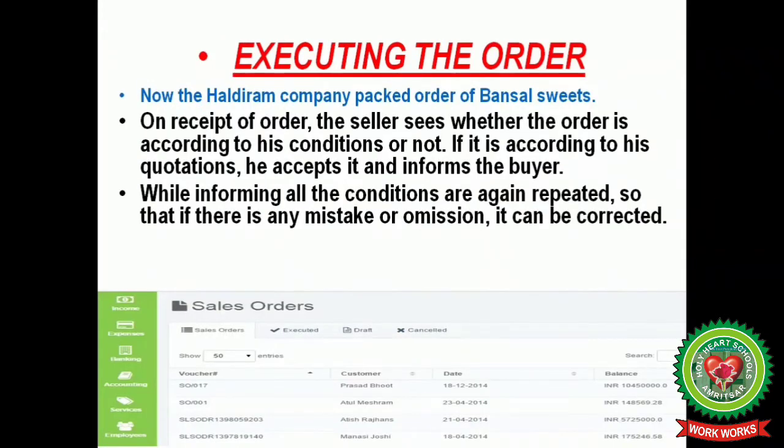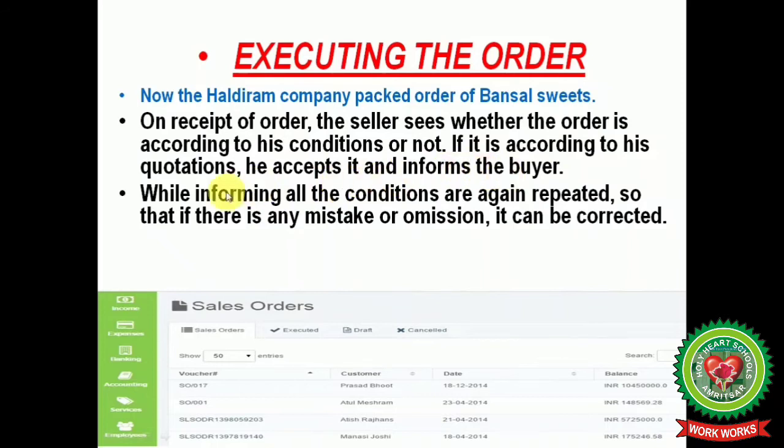Then the next document is executing the order. Now the Haldiram company packed the order of Bansal Sweets, and that is called executing. Means now the work is done for packing the product that is demanded by the buyer. So on receipt of order, the seller sees whether the order is according to the conditions, and if it is according to his quotations, he accepts it and informs the buyer.